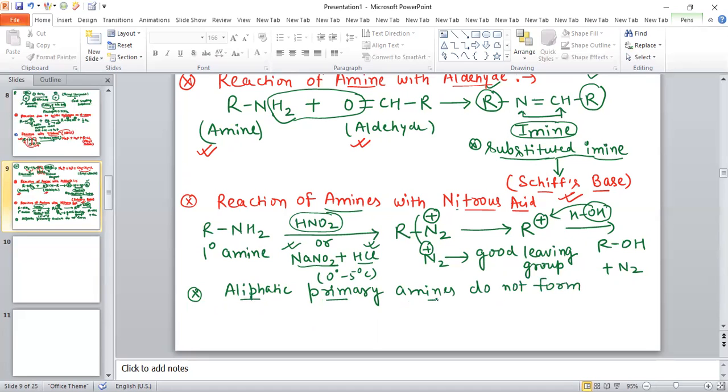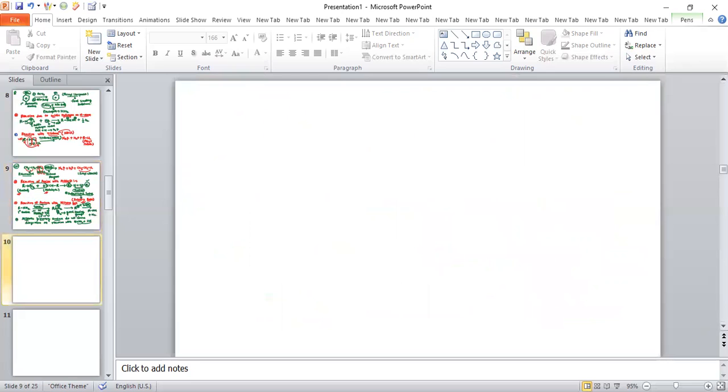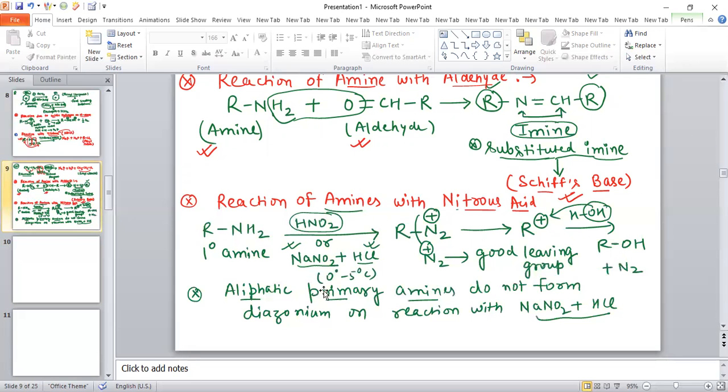Primary aliphatic amines do not form diazonium salt on reaction with NaNO2 plus HCl. So in this case, in case of primary aliphatic amines, alcohol is obtained as a product.